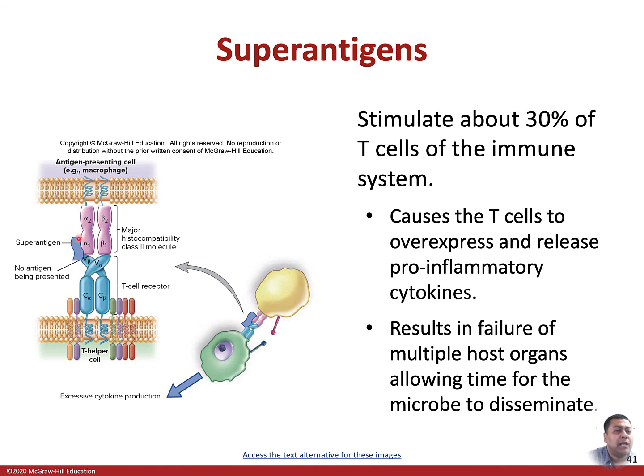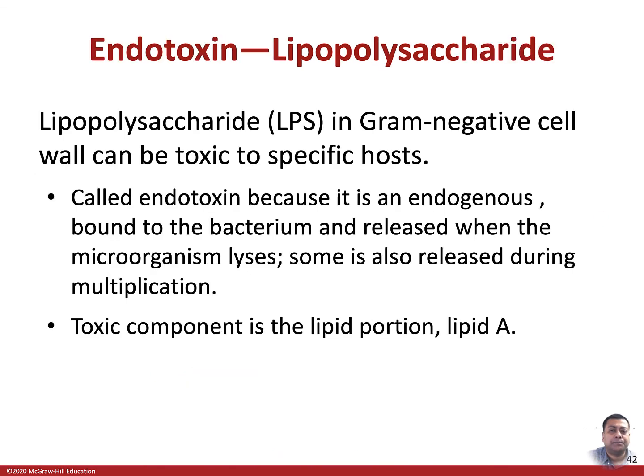This fooling is done by the superantigen. At this time, these T helper cells will go out and activate the whole immune system. This activation will cause harm to the body itself, and essentially failure of multiple organs due to high fever, and this can create a shock. The superantigen is responsible for this process.